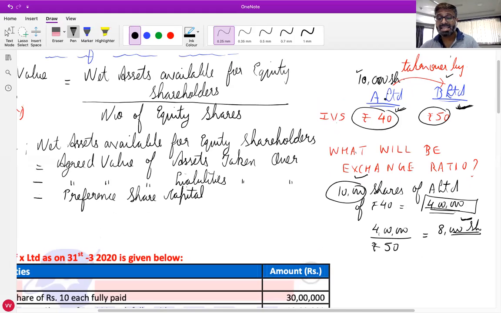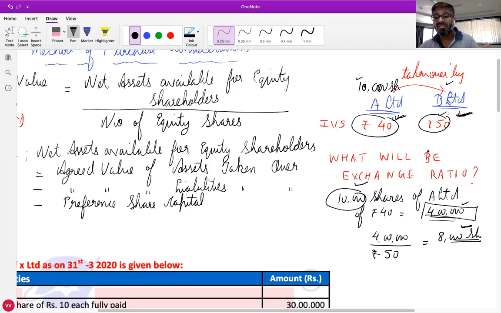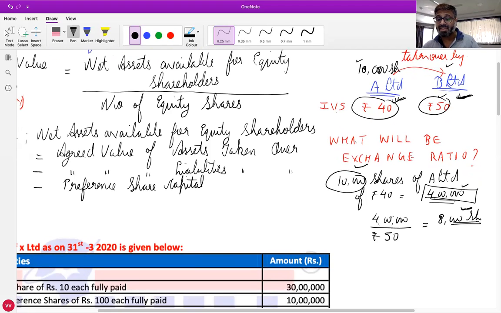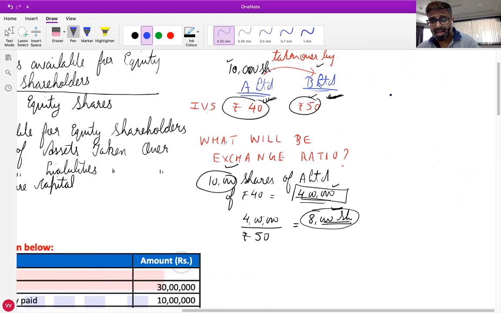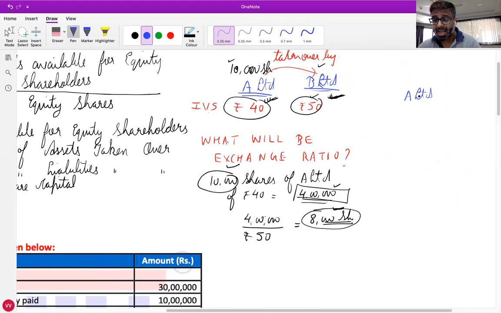If there are 10,000 shares in A Limited, their value will be 10,000 into 40, that is 4 lakhs. Since in B Limited you are going to give 50 rupees value shares, 4 lakhs divided by 50, how many shares should be given? 8,000. Did you all understand this actual logic? Please keep responding, otherwise how will I understand whether you are able to follow or not? That's why I've given you the rights to unmute yourself on your own.